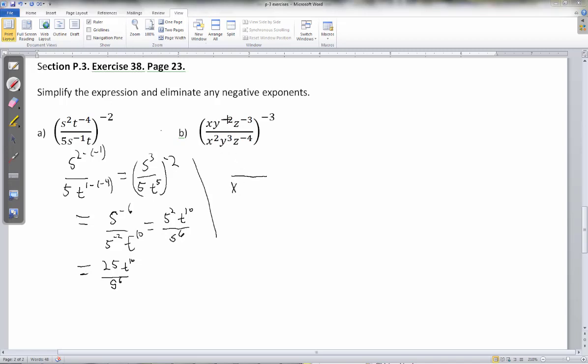On the y's, you subtract that from the bottom, we get a y to the 5th on the bottom. And the z would move up top, because negative 3 minus a negative 4 would get you z to the 1. So now I have z over x y to the 5th, to the negative 3. Distribute the negative 3 through.